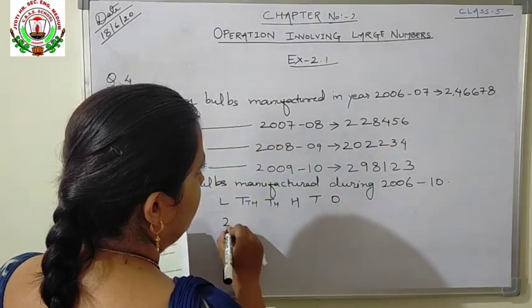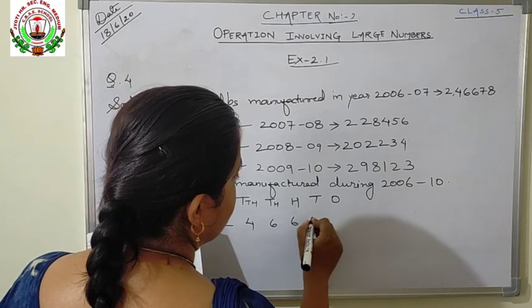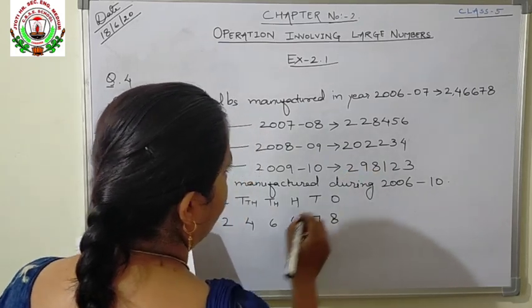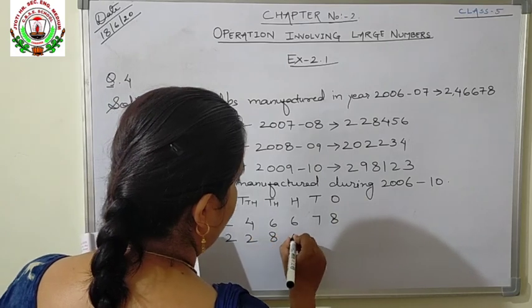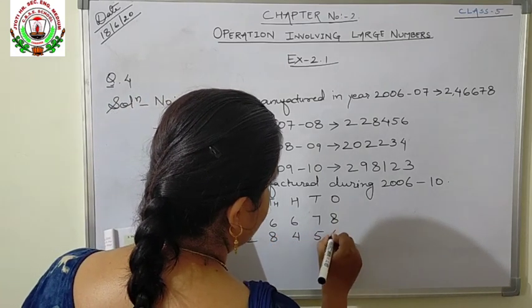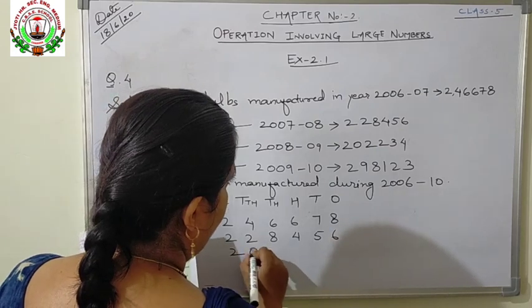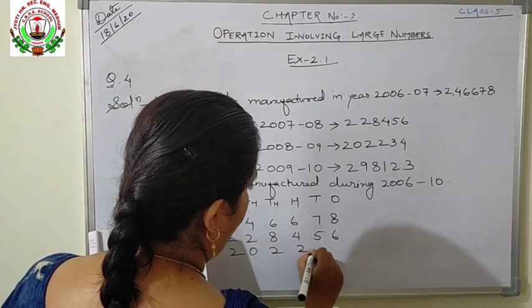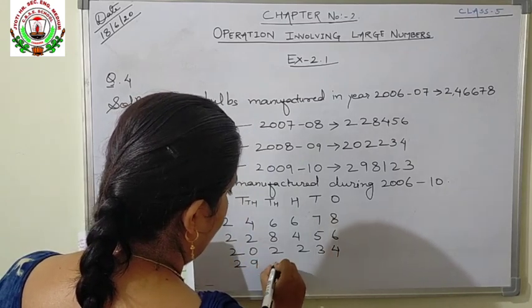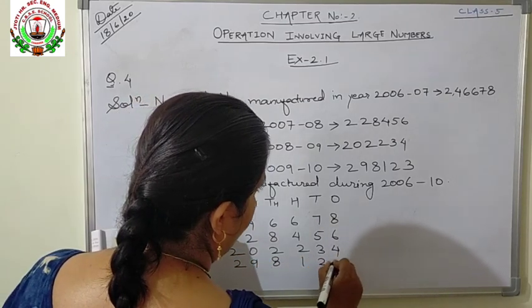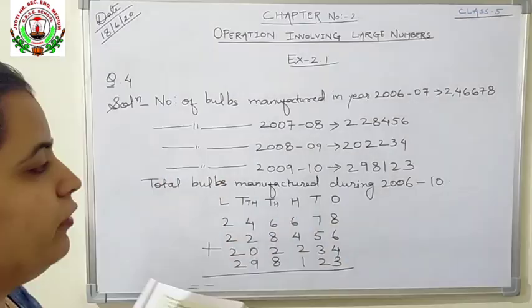Write the numbers: 2,46,678, then 2,28,456, then 2,02,234, then 2,98,123, and finally you will add these numbers to get your answer.